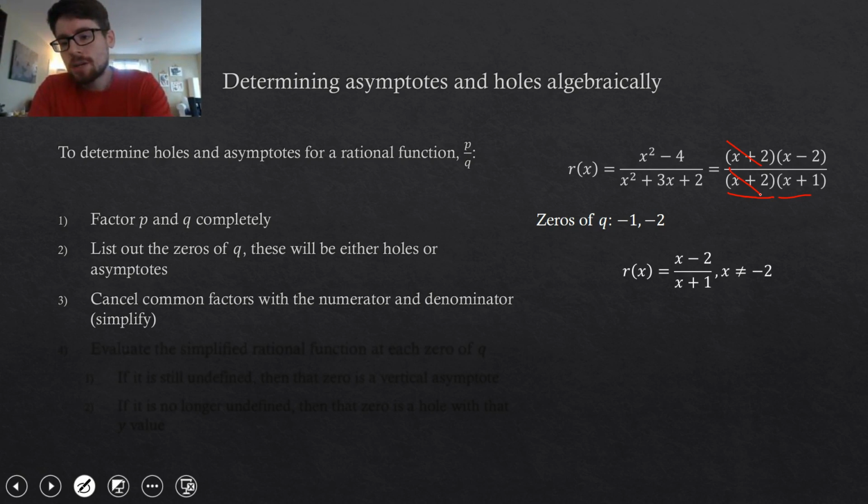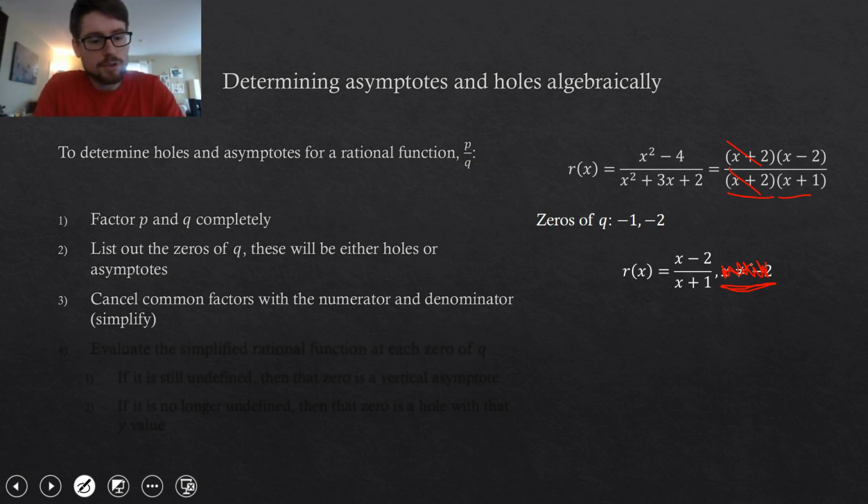And I'm just keeping track right here for me, and you should do this as well, that there's also that not allowed value of negative 2. Because if we were to not include this, then there's nothing about that rational function that says you can't plug negative 2 in, but the original one that we started with says you can't.